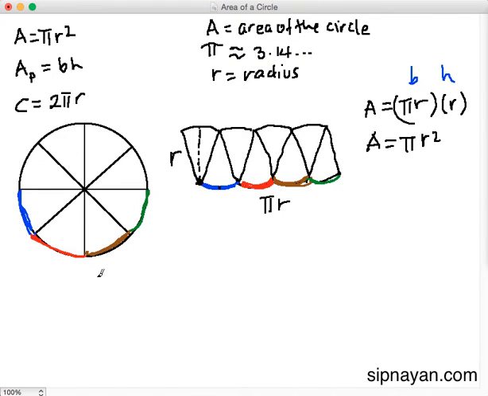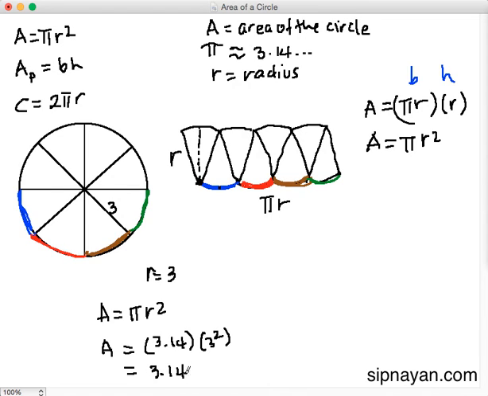Okay, let's have one example. Paano pag yung r natin ay 3, for example. So, we compute for the area of a circle with r equals 3. So, area is equal to pi r squared. Ilet na lang natin yung pi sa 3.14 times r squared, which is 3 squared, which is equal to 3.14 times 9, which is equal to, ilan yan? 3.14 times 9, this is 36 carry 3.